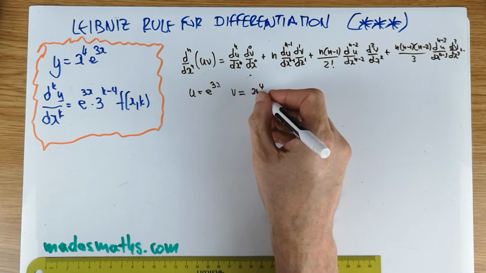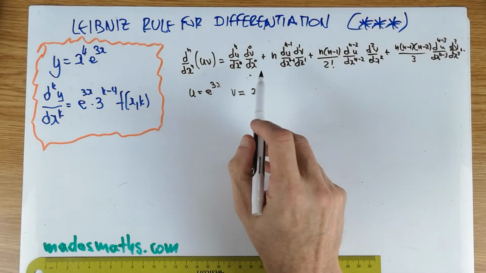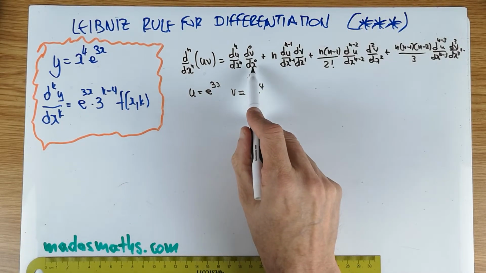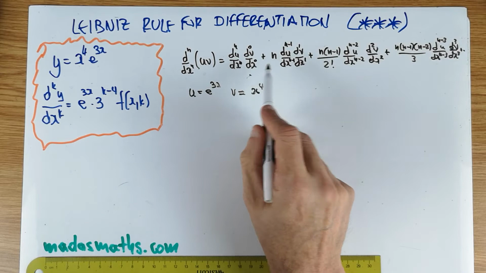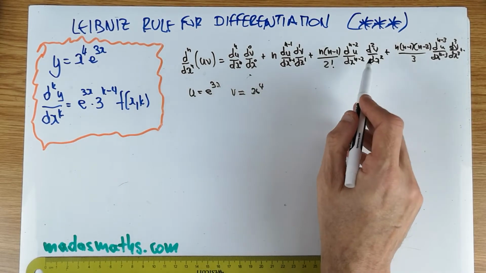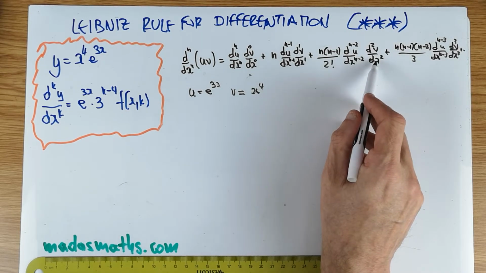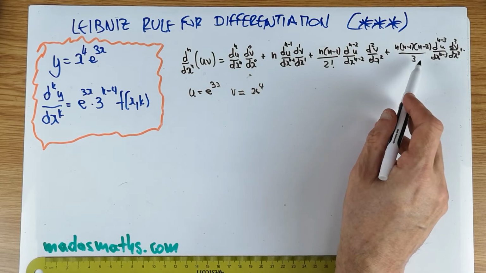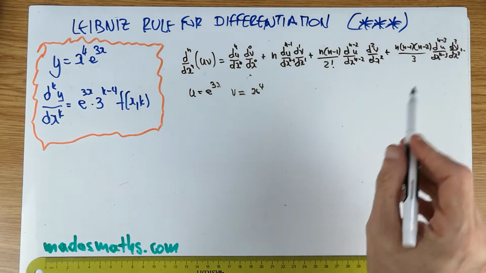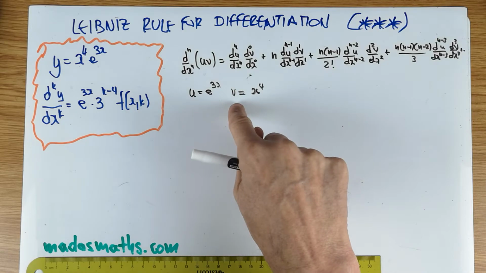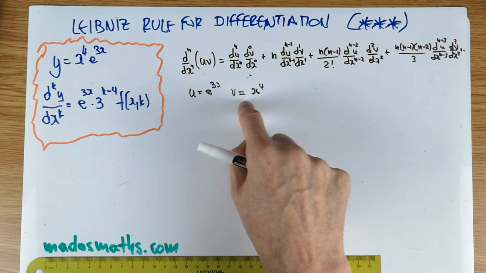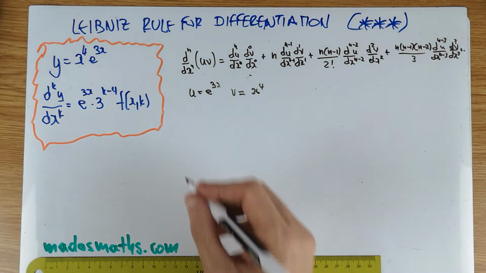The reason is that if you look at the differentiations of x to the 4 as I've written them here, that's an x to the 4, then a 4x cubed, 12x squared, 24x, and then it's going to be a 24. So after one more term, this will produce zeros.